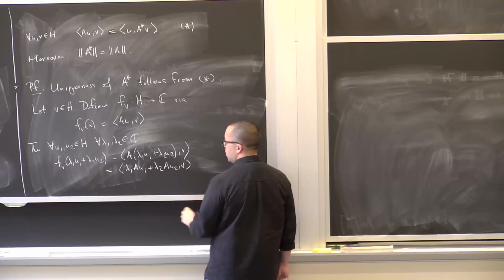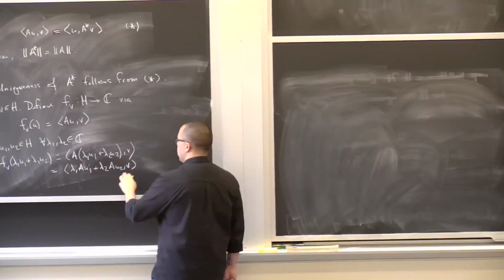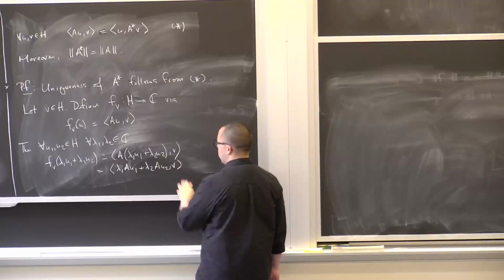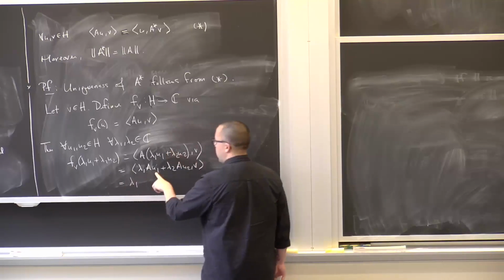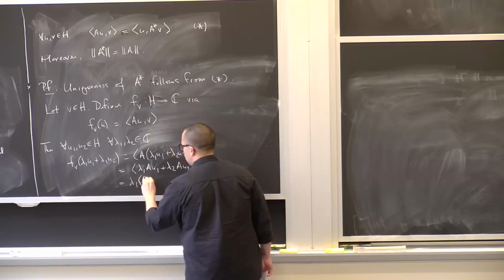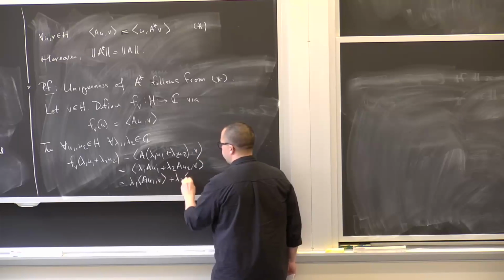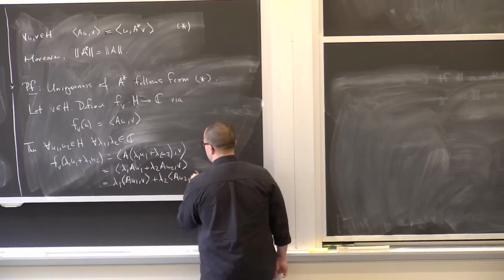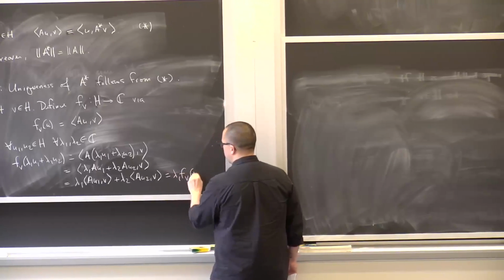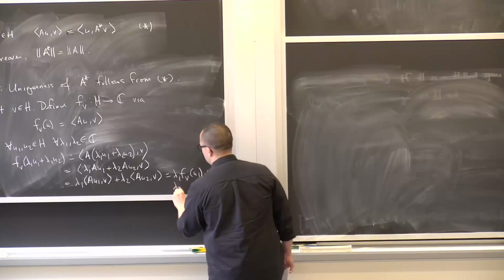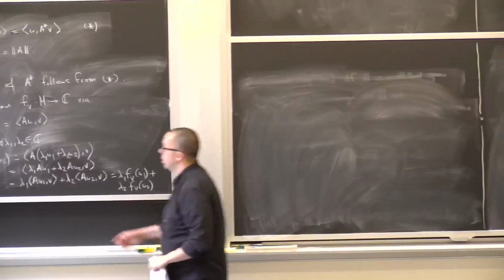And because the inner product is linear in the first entry, right? It's conjugate linear in the second entry, but it's linear in the first entry. This is equal to lambda 1 times A u1 inner product v plus lambda 2 A u2 inner product v, which is lambda 1 F sub v of u1 plus lambda 2 F sub v of u2. So okay, this thing is a linear map.